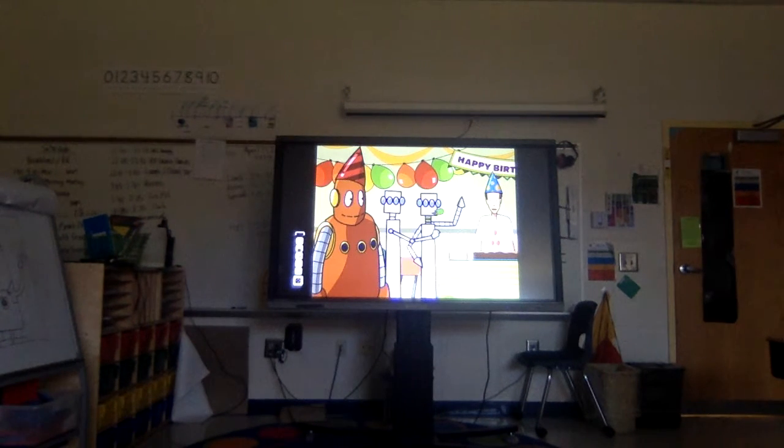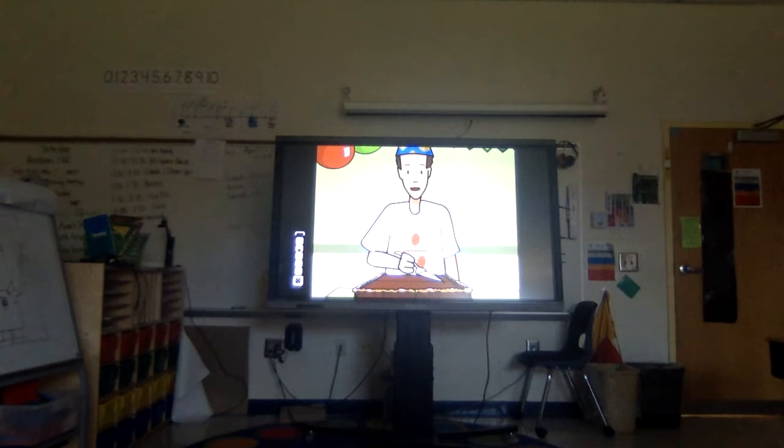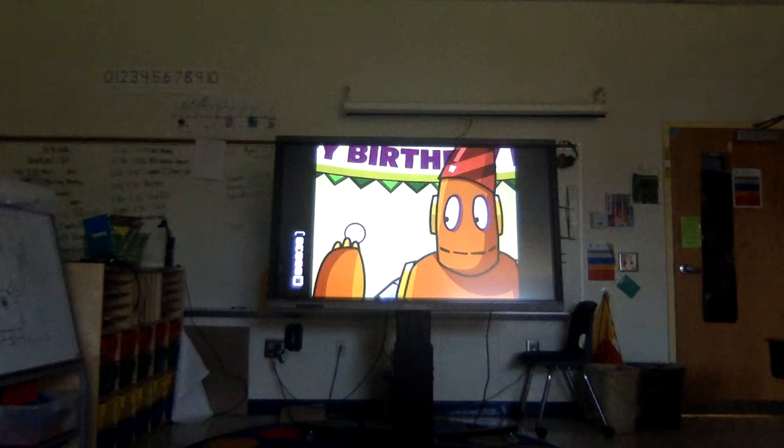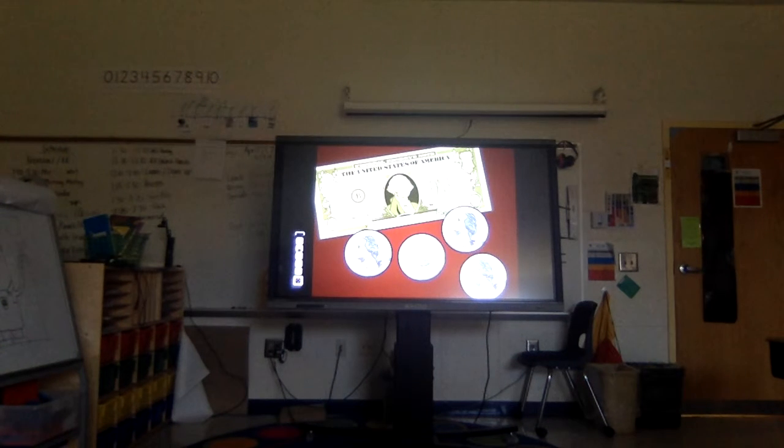All right, now it's a party. To make sure everyone gets a piece, I'll cut the cake into 4 pieces. Each piece represents one of those 4 pieces, or 1/4 of the whole, so the fraction is 1/4. It's also called a quarter. Right, just like the coin, which makes sense because 25 cents is 1/4 of a dollar.